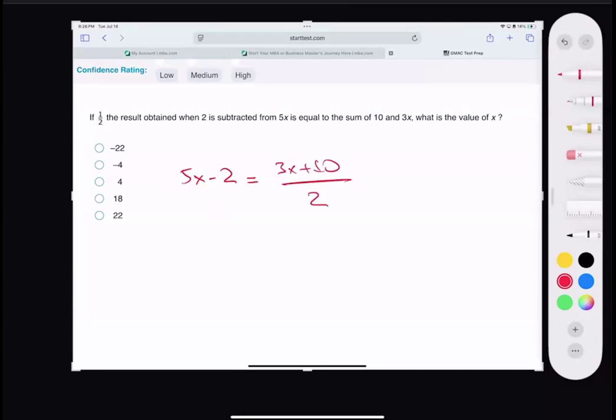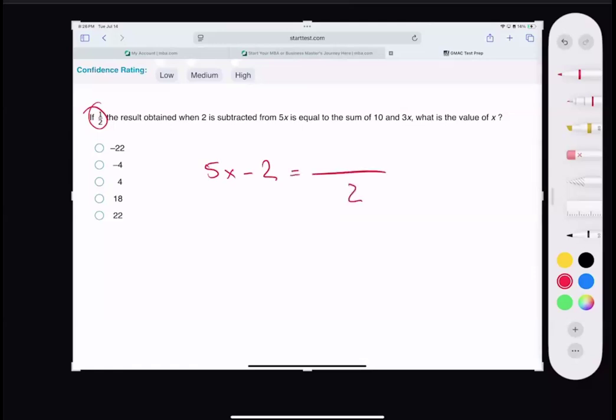One or two? Left or right? I read again. Half of the result obtained when 2 is subtracted from 5x. 5x minus 2. Half of this result.